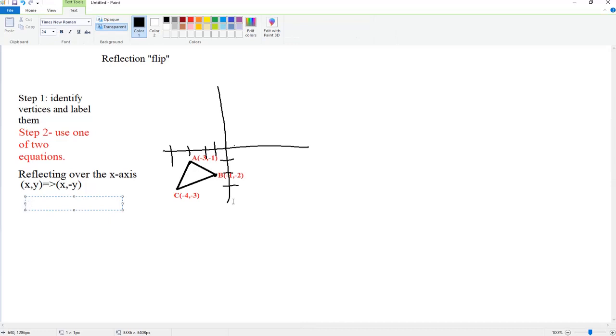The second way to do this is reflecting over the y-axis. And this is represented by the equation x, y to -x, y. Now, here's something important.